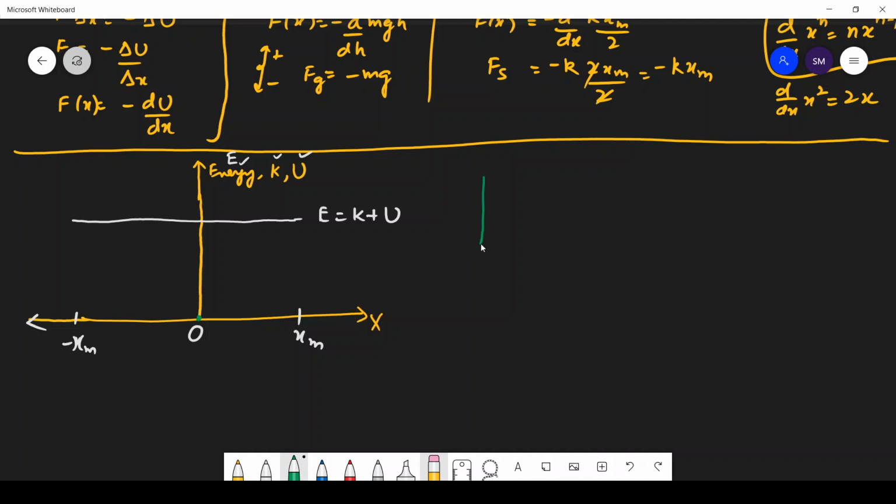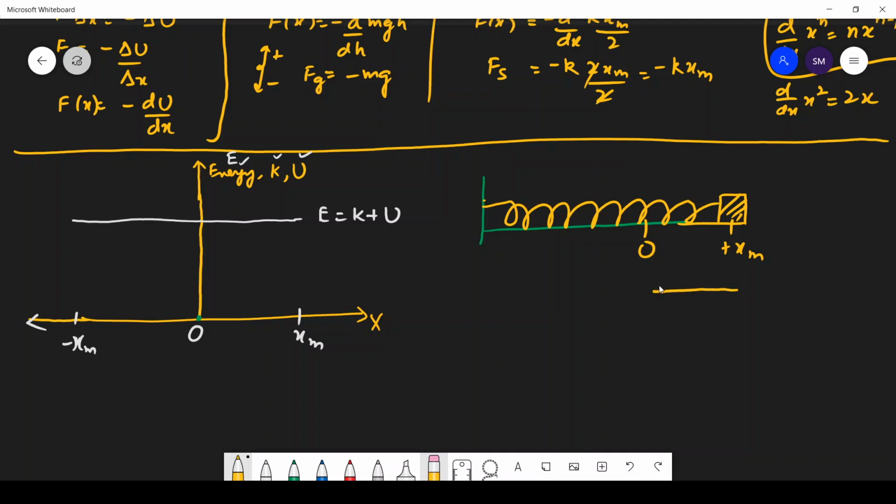So let us see what we are doing. This is your spring, and I have stretched it. This was your mean position, and I have stretched it to plus xm. Now it will go back, right, due to spring force.